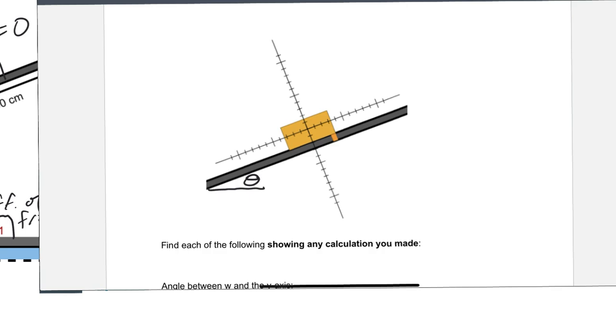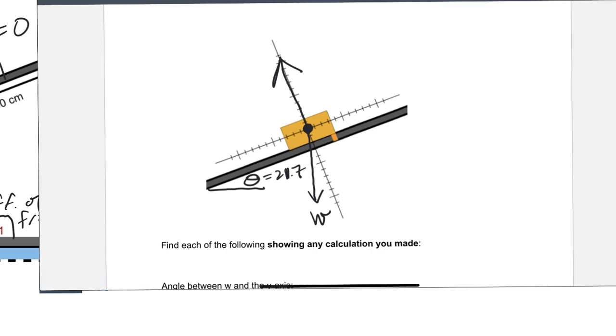You don't have to write the value. I'm just doing that. Okay, right here is a normal force perpendicular to the surface. I'm going to make the box that dot. Going straight down is the weight of the box.